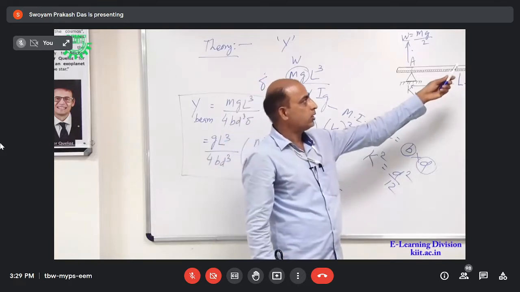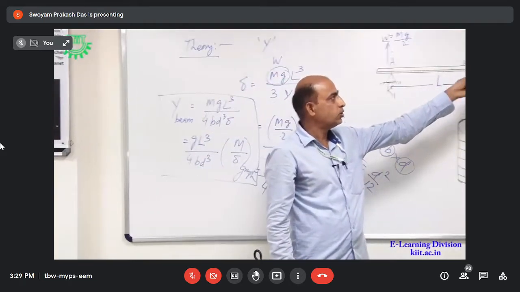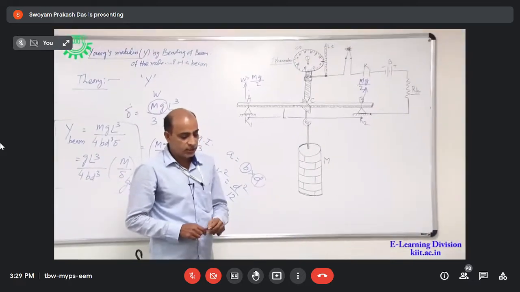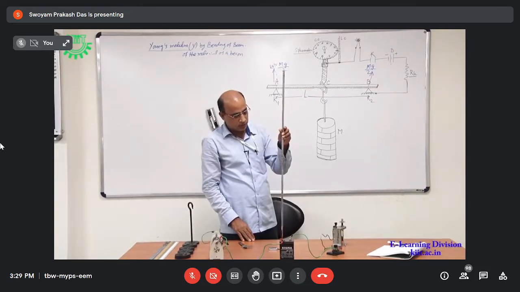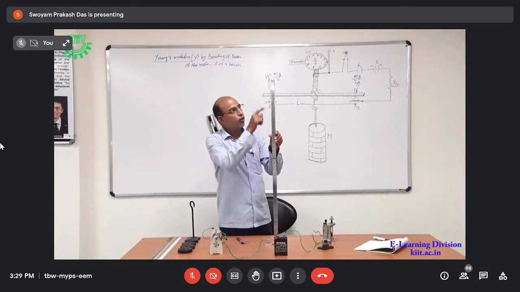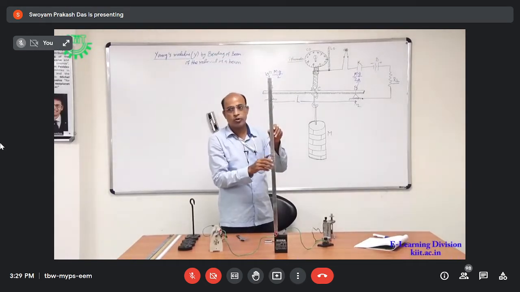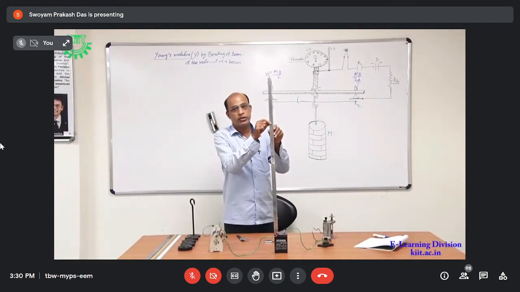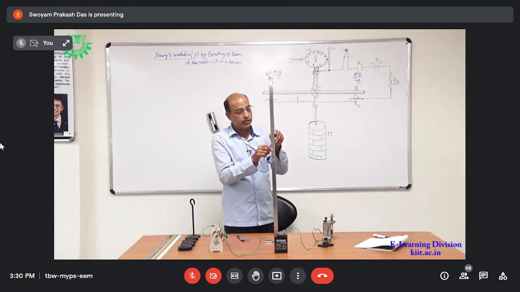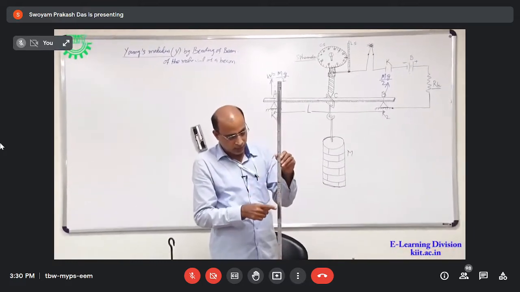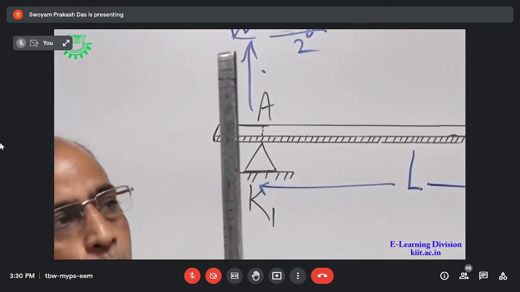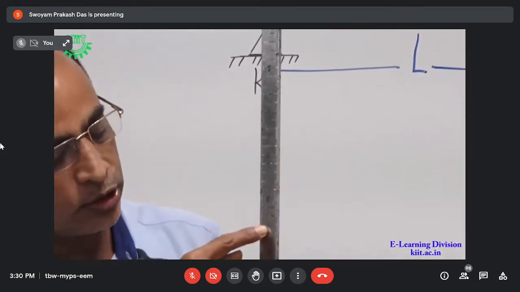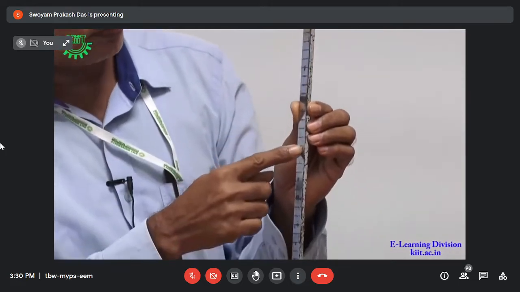So the connection is just done like this, and we can see here the entire beam. It is a rectangular shape made up of steel of 1 meter length, with uniform cross-sectional area, whose breadth is also the same everywhere, and it has some thickness. From this end to the other end, the entire length is 1 meter, and it is graduated in 1 cm.